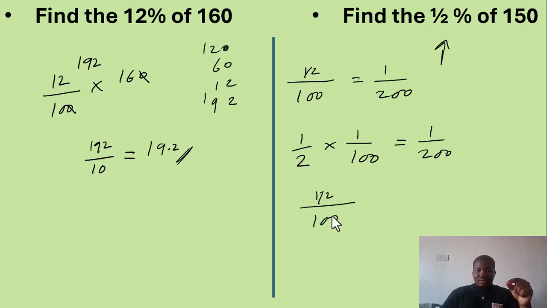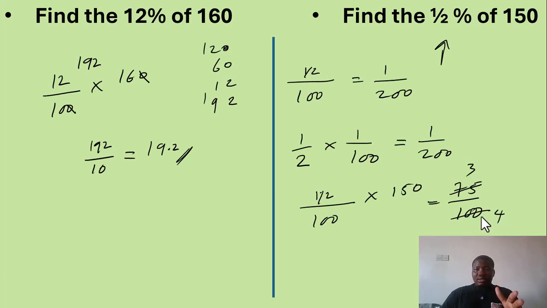The first thing you want to do here is, half times 150, that's 75, then over 100. Divide both the numerator and denominator by 25. You have 3 here, you have 4 here. So if you want to leave your answer in fraction, that is 3 over 4.